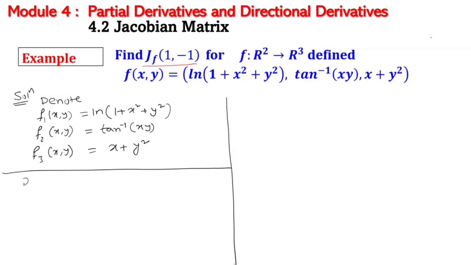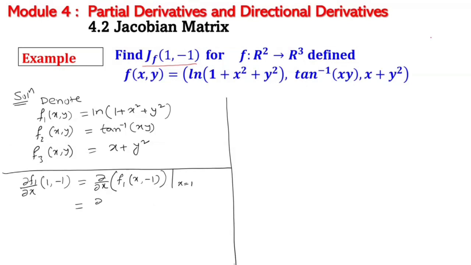So del f1 over del x at the point (1, -1). Since we are doing the partial derivative with respect to x, we take x as the variable and fix y as minus 1.